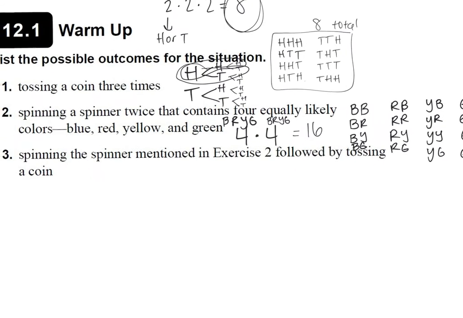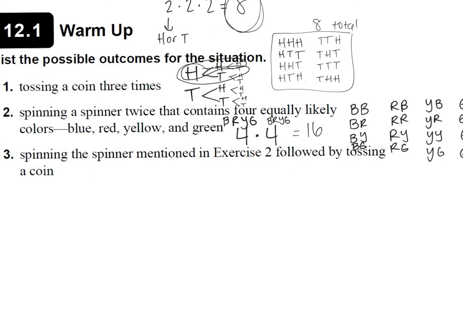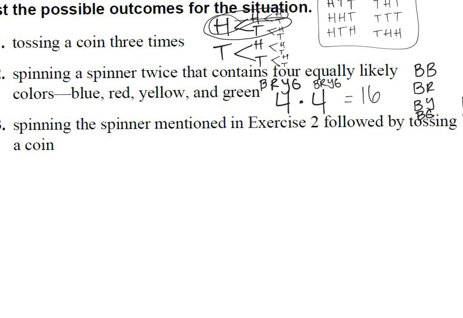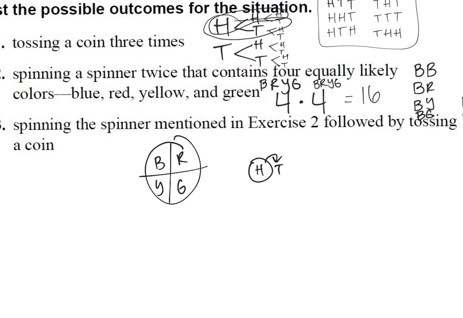It says, spinning the spinner mentioned in example 2, followed by tossing a coin. So check this out. Let's draw that spinner really quick. It's divided into 4 spaces. One's blue, one's red, one's yellow, and one's green. Then we're flipping a coin, right? Where it has heads, and what's the other thing?